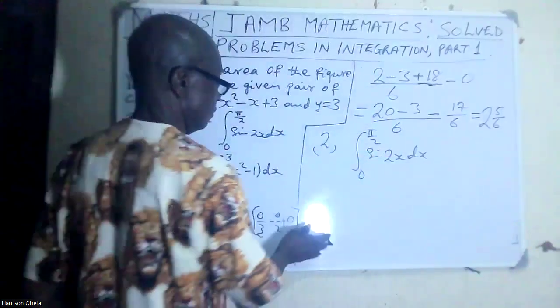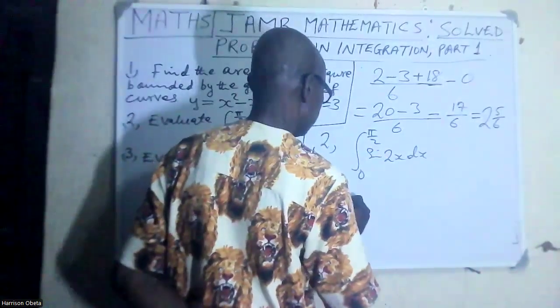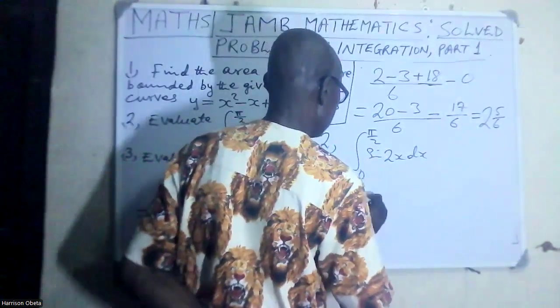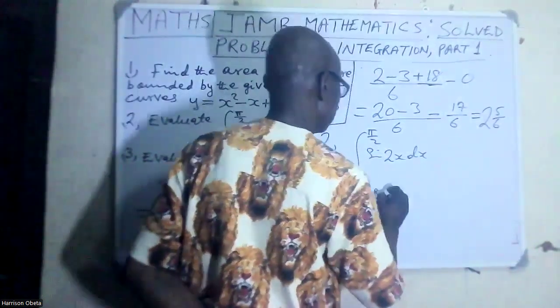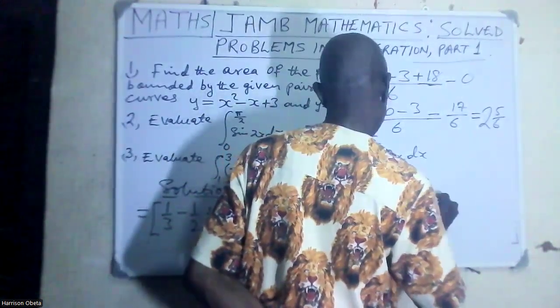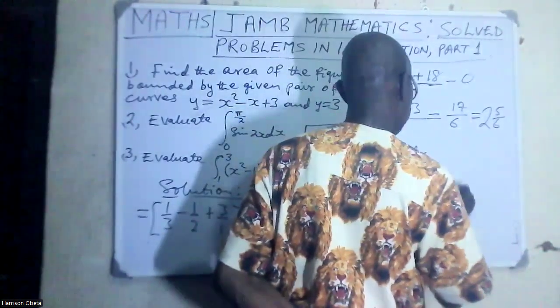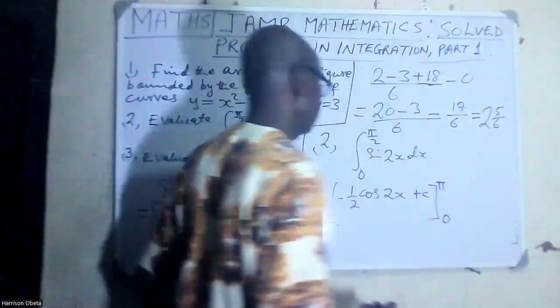Well, to go further, that will give us minus 1 over 2 cos 2x plus c, constant of integration, then the upper part and the lower part.